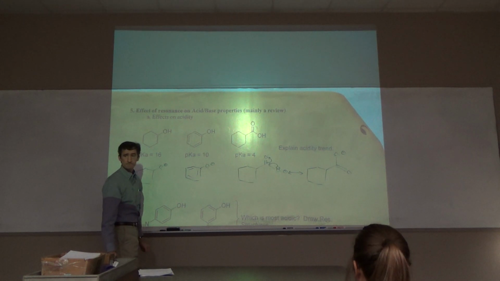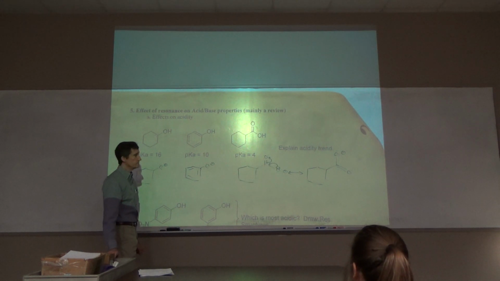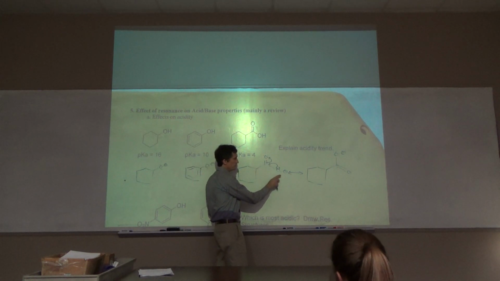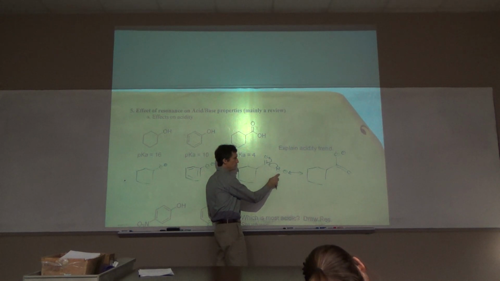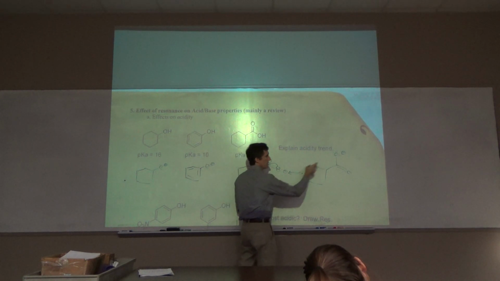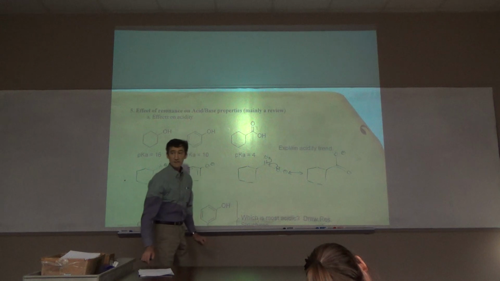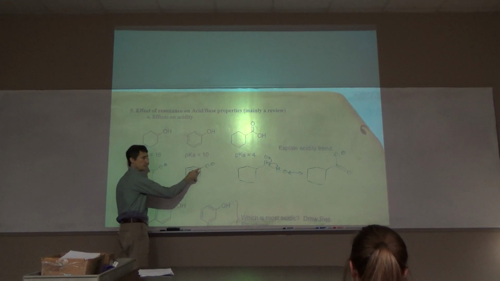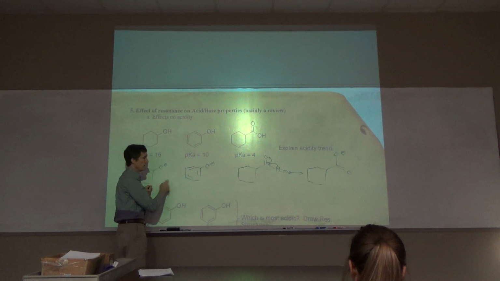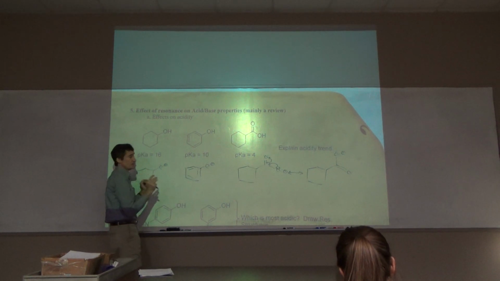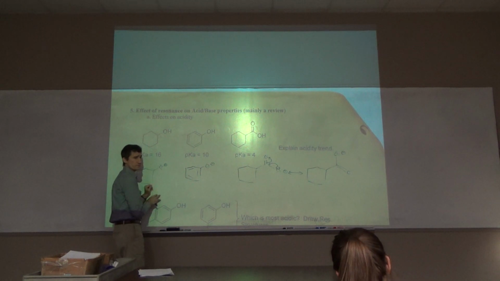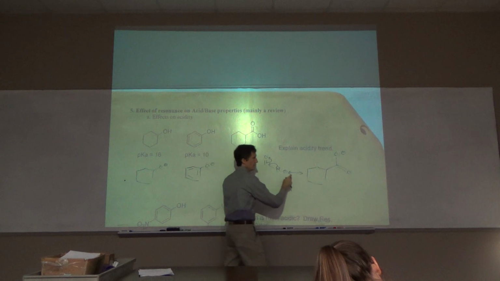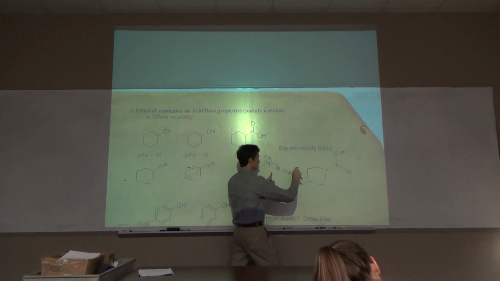What about it? The oxygen wants electrons. Yes, when we do resonance structure, we're delocalizing this minus charge to what type of atom? Another oxygen, which can really handle it. When we delocalize the charge here, we're delocalizing it to what atoms? What type of atom? Carbon. Carbon, carbon, carbon. But carbon doesn't like it, so it doesn't delocalize that much. This very much delocalizes. We spread the charge over two oxygens.